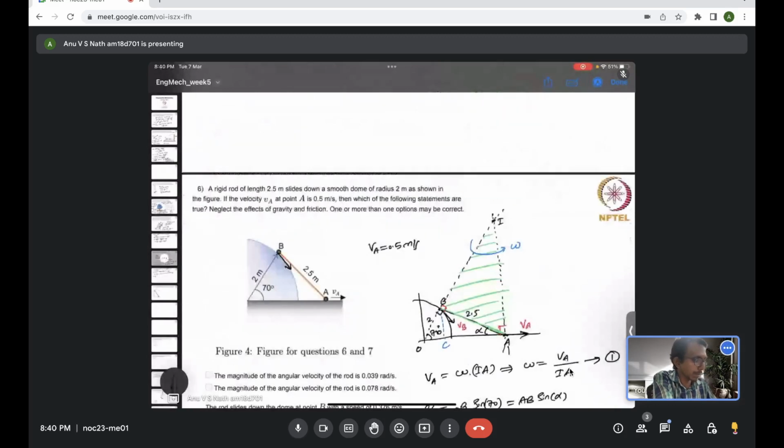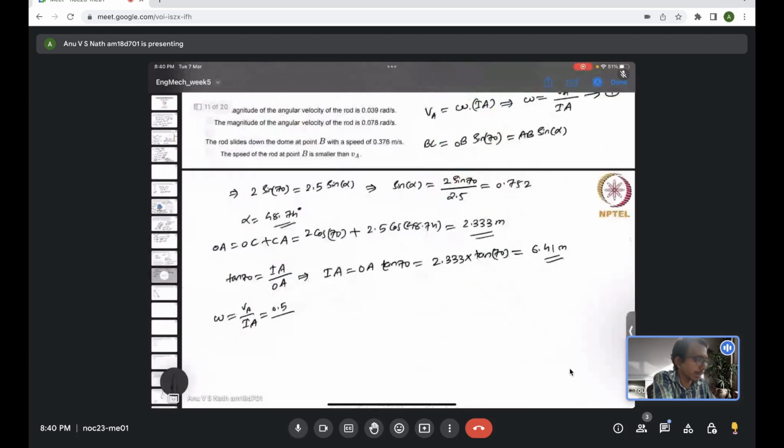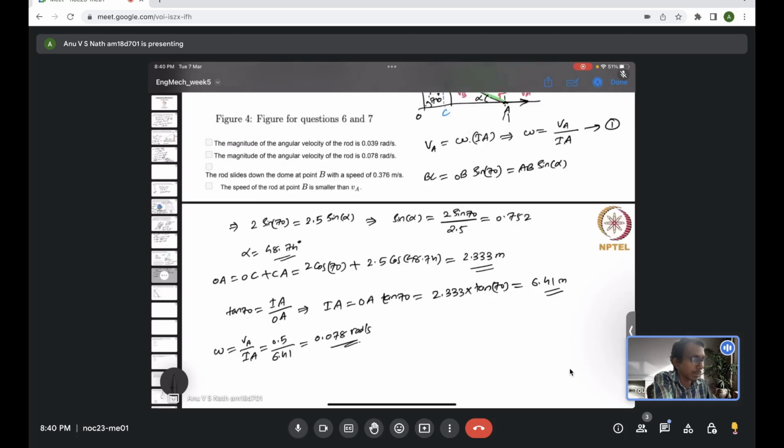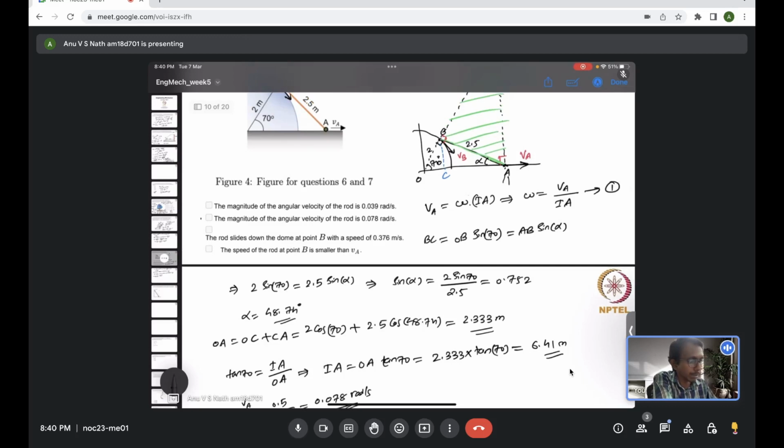So we just do 0.5 divided by IA, which is 6.41. So we'll get the angular velocity to be 0.078 radian per second. So that's the angular velocity. If you see the options, option B has an angular velocity with a magnitude of 0.078.